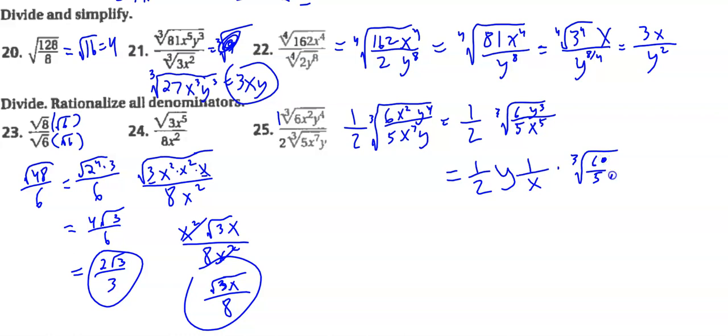You don't have a y, but you have 2 more x's that did not come out. So I think you have y over 2x outside. You have cube root of 6 over 5x squared inside. Wow, that was a really tough problem there. And we're not done, so wow, this just keeps on going here.